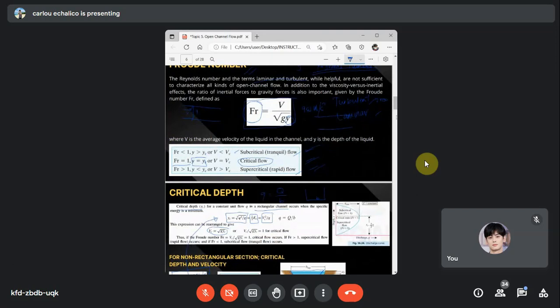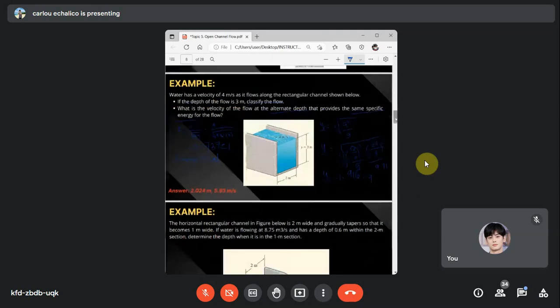You can also use that. Okay? For the next one, I will use the gumboard so we have more space.